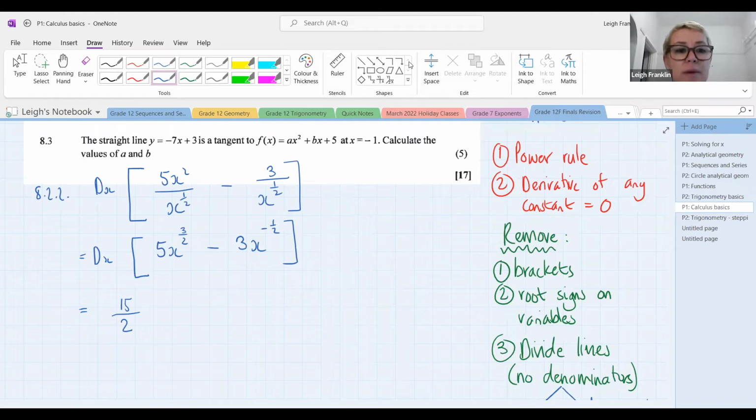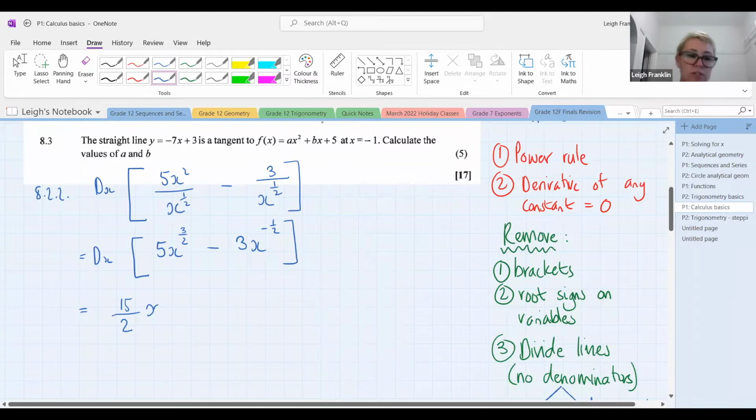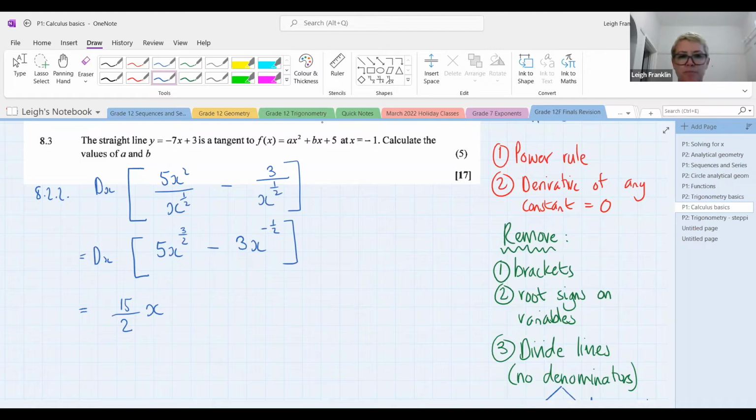But I'm glad you're thinking about signs because the next one is not going to be positive. All right, x, and then what's the exponent going to be on your variable? So it's going to be 15 over 2x to the power of half, quite right.